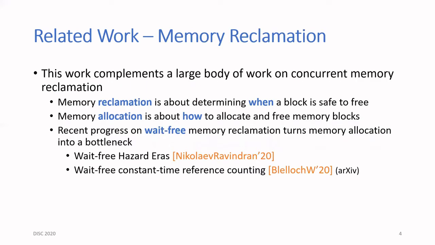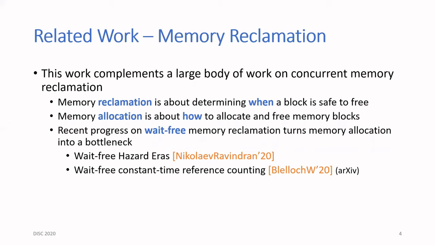Our work complements a large body of existing work on concurrent memory reclamation. The memory reclamation problem is about determining when a block is safe to free, whereas the memory allocation problem is about determining how to allocate and free memory blocks. In the interest of preserving the progress guarantees of wait-free data structures, there has been recent progress in designing fast, wait-free memory reclamation techniques.